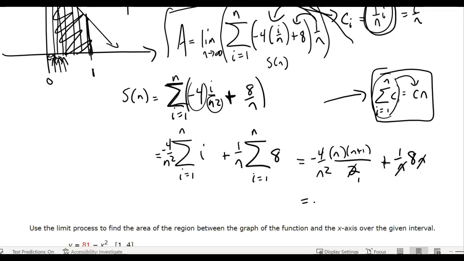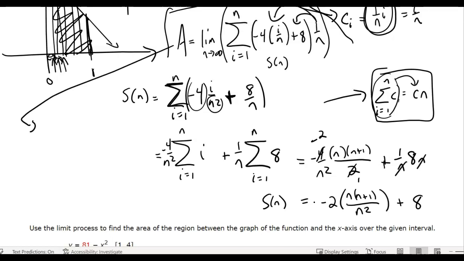The 2 will cancel, so now I have, for my sum, which I call S of n, negative 2 times n plus 1 over n squared plus 8.